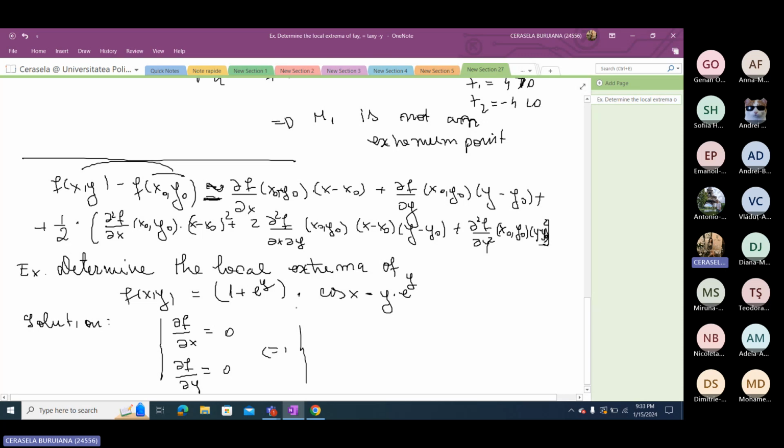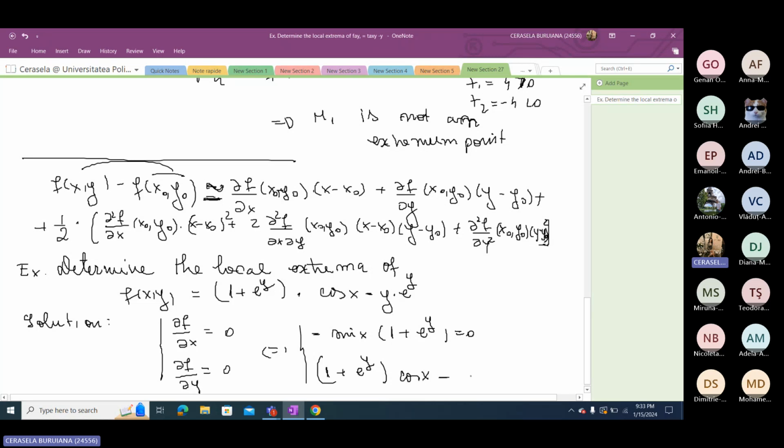Well, I start to derive. When I compute the derivative in x, how much do I get? I will get minus sinus of x times 1 plus e power y equals 0. Is it okay? Yes. Now, the derivative in function of y: that will be 1 plus e power y, cosinus of x I leave the same.